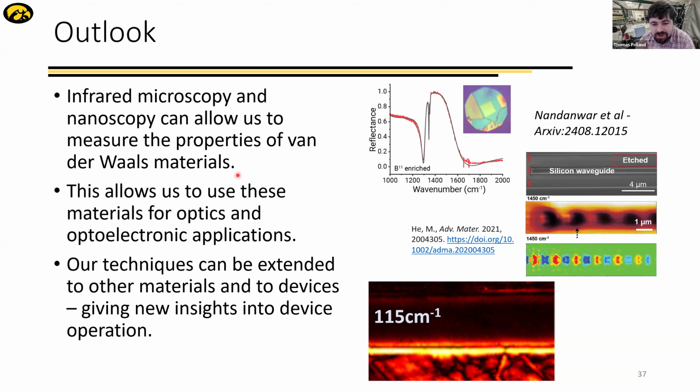And I'll say, if you have interesting materials you'd like to look at, we're always open to look at other people's materials, see if we can see useful, interesting things about them, or help people understand their materials, as well as there's some prospect for the future that maybe we can tell more about other materials, other devices as well.